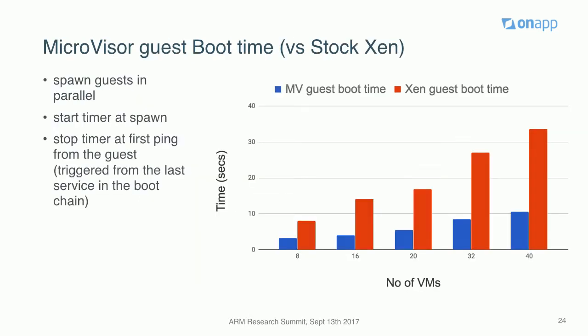Secondly, I mentioned that the orchestration setup time for bootstrapping guests is significantly improved as well, because we've moved all the control components into the EL2 layer directly. So we see that the setup time scales extremely nicely. The performance is significantly improved over a standard Xen system running on the same architecture.